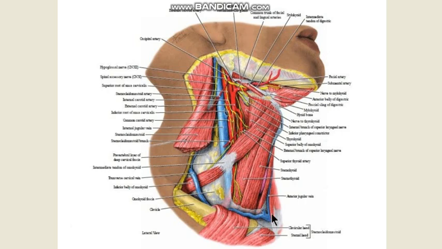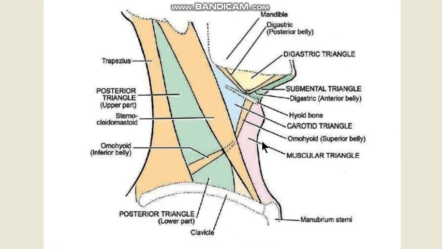Now we will go into the muscular triangle, which is the last of the triangles of the anterior triangle. Now in the muscular triangle you will find that in front it is formed by the anterior midline of the neck, extending from the hyoid bone along the midline right up to the suprasternal notch.